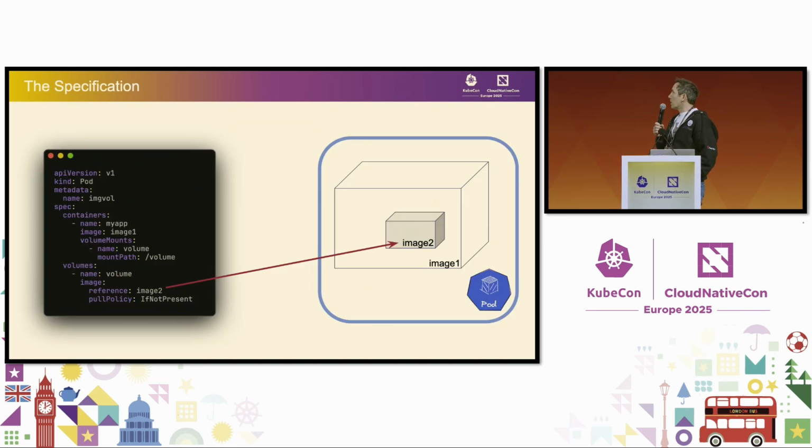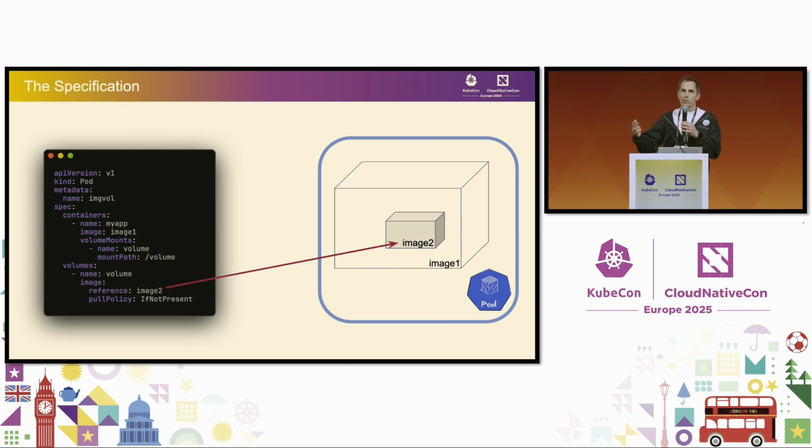So this is the specification. You have a regular pod here with a volume, and if you look at the volume definition, there is an image reference, and the reference is to an image. So what you get is a volume that is mounted inside a container, based on another volume, so you have one volume inside another volume.